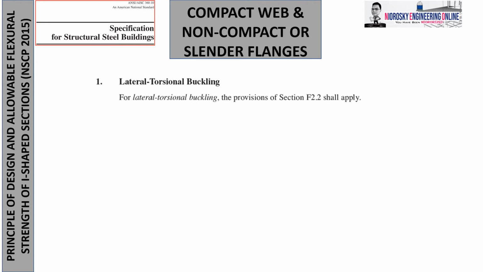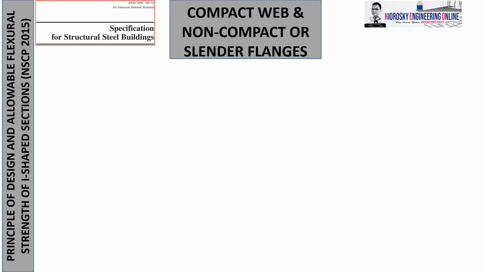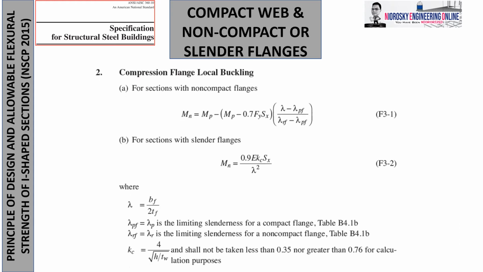Now, for lateral torsional buckling, same provision nung kanina, doon sa nauna, yung compact sections. And for compression flange local buckling, ganun din yung pinapakita, no, yung lambda PF, lambda R sub F. So, for compact flange, for slender flange, ito naman. Highly similar.